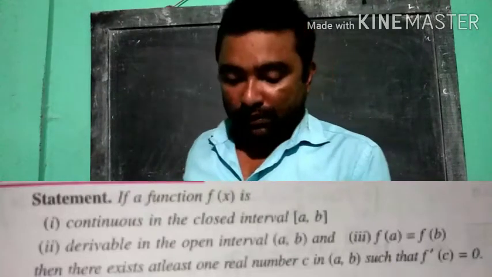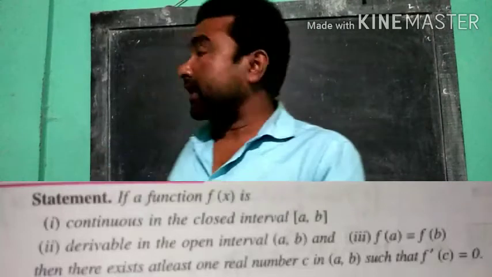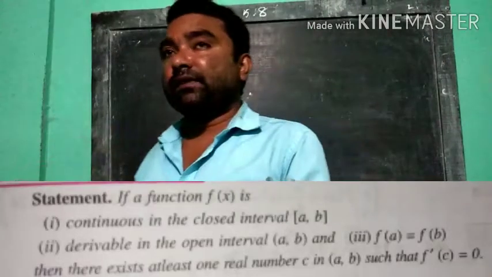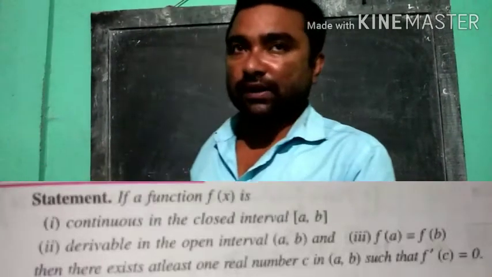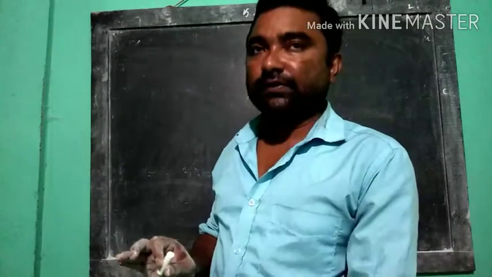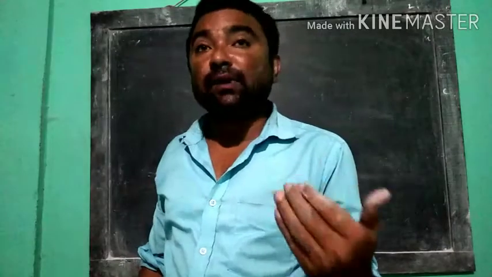First, a function is given. First of all we check whether it is continuous or not. Secondly, we check whether it is differentiable or not at a given point.